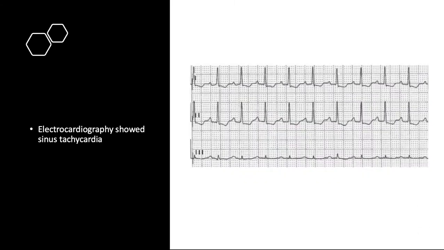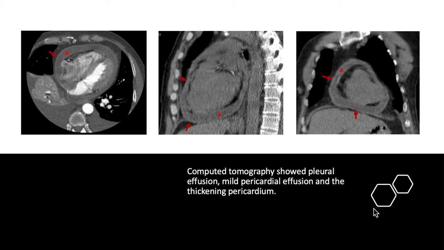The electrocardiography of the patient demonstrated sinus tachycardia. The computed tomography showed pleural effusion, mild pericardial effusion, and the thickening of pericardium. The red arrows on these pictures indicate thickening of pericardium.